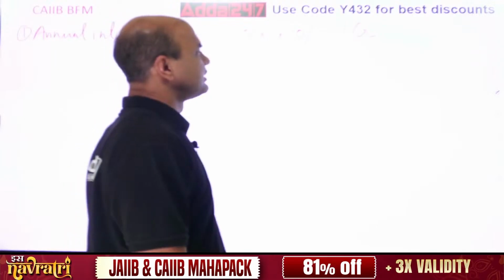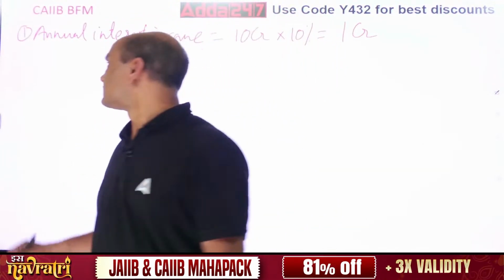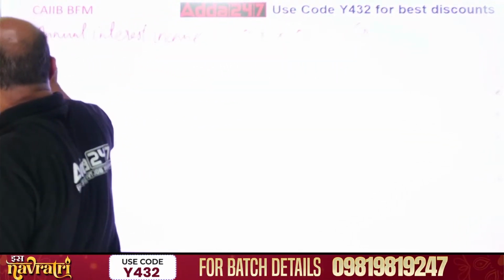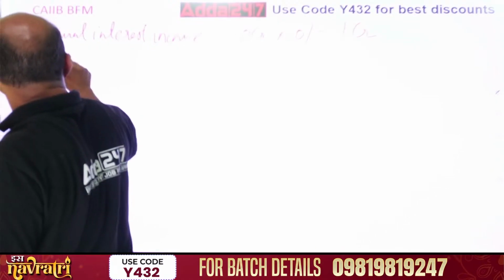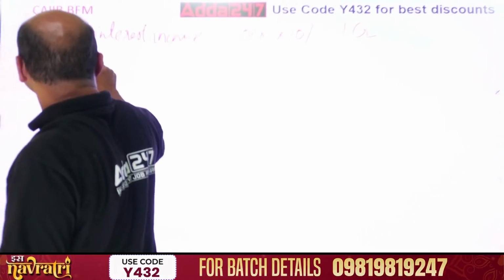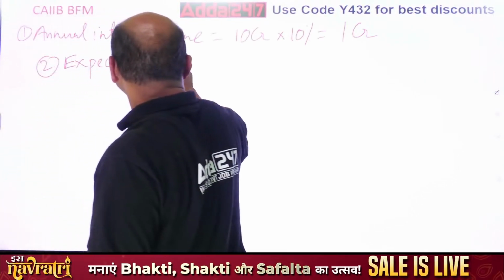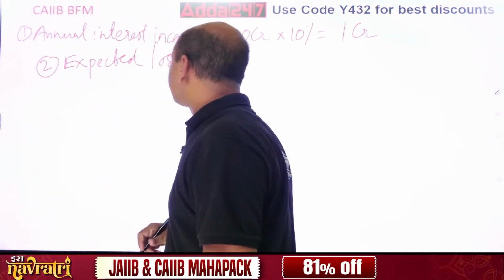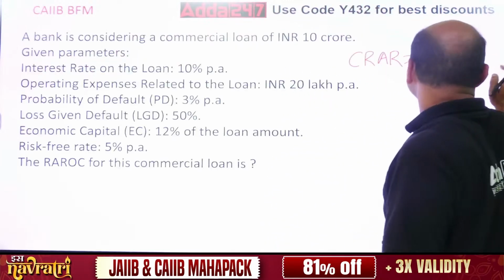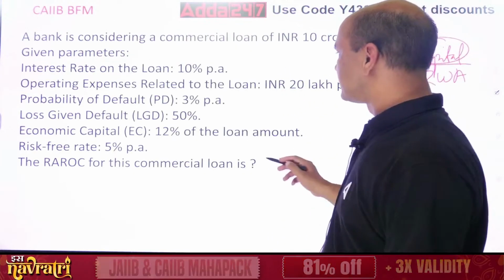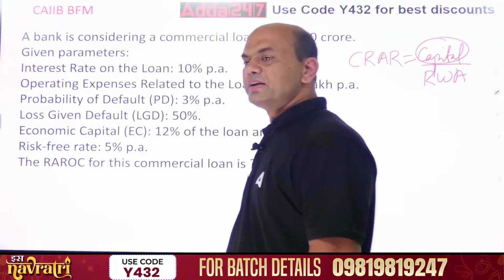Let's calculate this expected loss. What is the probability of default given as? Probability of default is given as 3%, right?